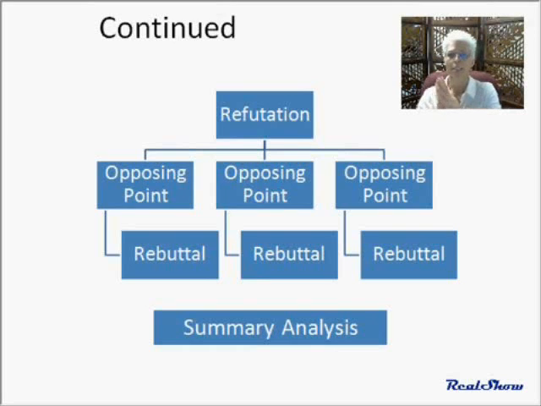Okay? This critical analysis, this Toulmin analysis is designed to get all that good writing, all that emotion out of the way long enough for you to make a rational decision. And that's what your summary analysis will be. Be sure you use the vocabulary you've just learned in this analysis. All right? Thank you. Hopefully that helped you.